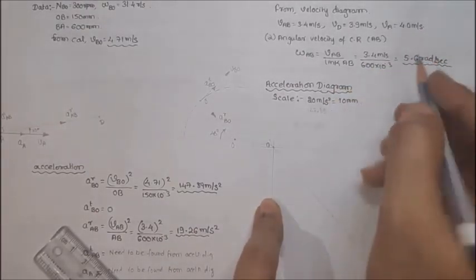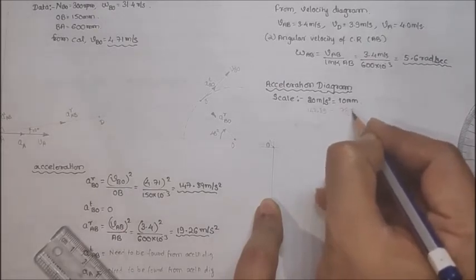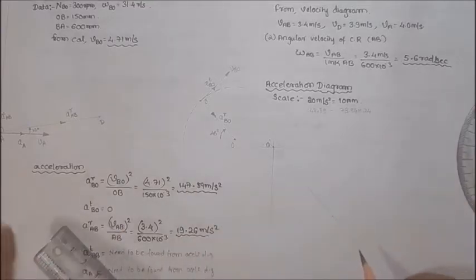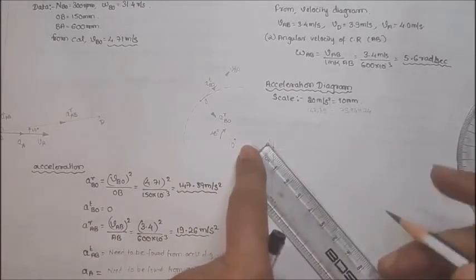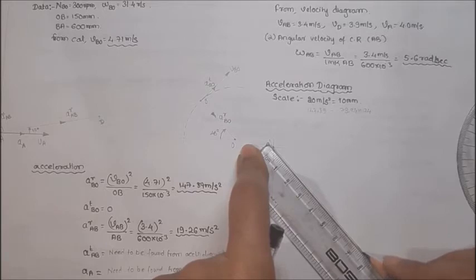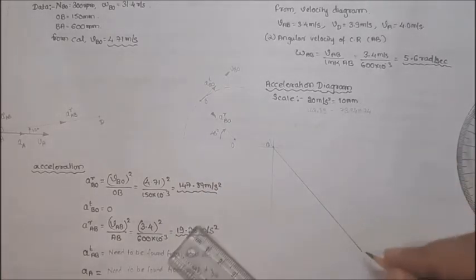So this will be 73.94, approximately 74. So for a line of 74 mm we are going to stop, and this point I will call B dash.